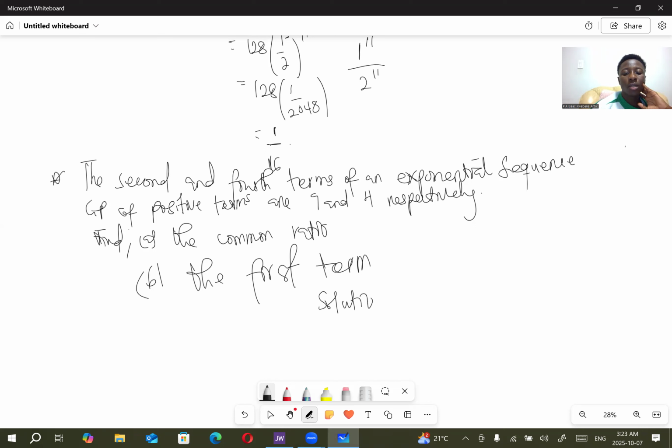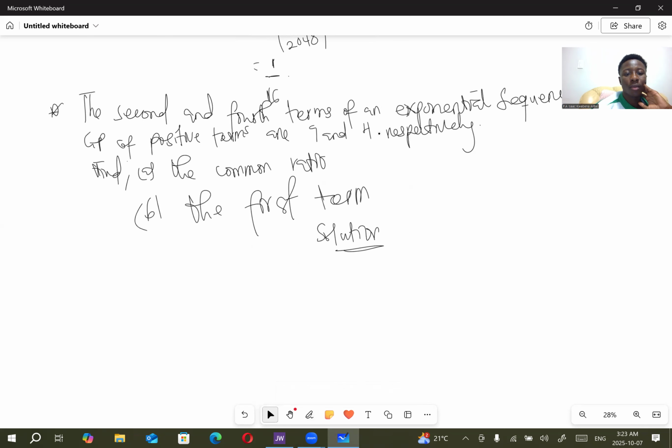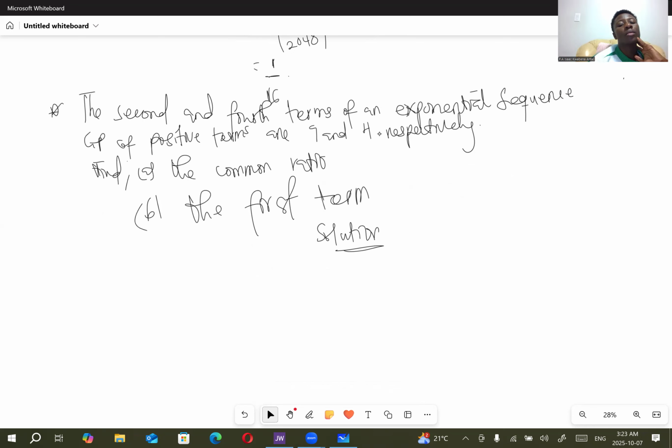Someone should read the question. The second and fourth terms of an exponential series, GP of positive terms, are 9 and 4 respectively. So meaning the second term of the exponential sequence is 9, and the fourth term is 4.